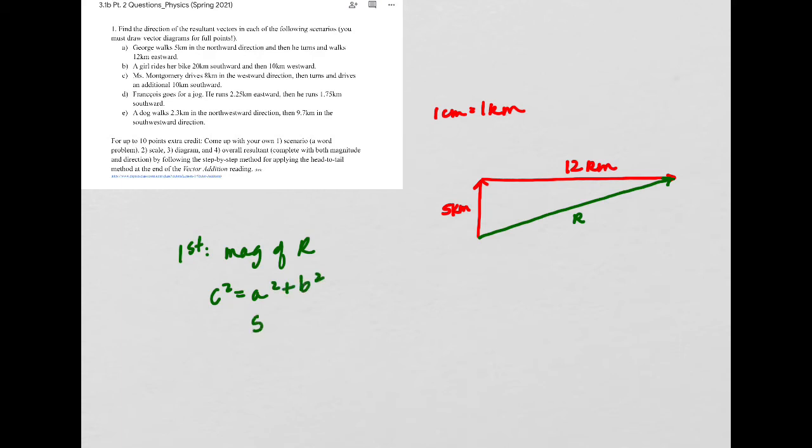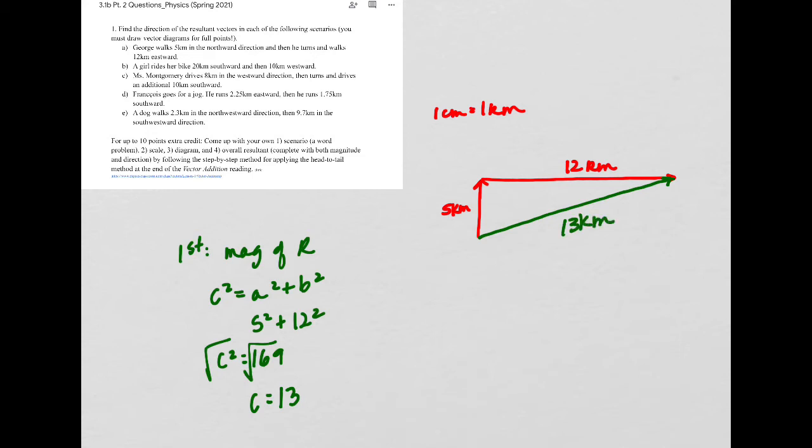When I plug that into a calculator, I get c squared equals 169. When I take the square root of both sides, I get c equals 13. So my resultant is 13 kilometers.